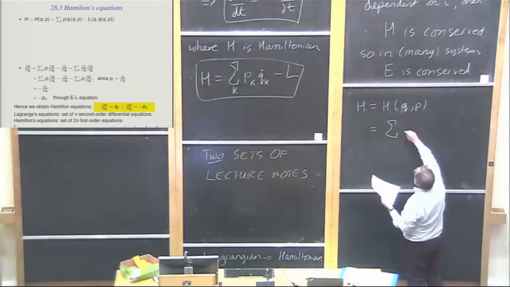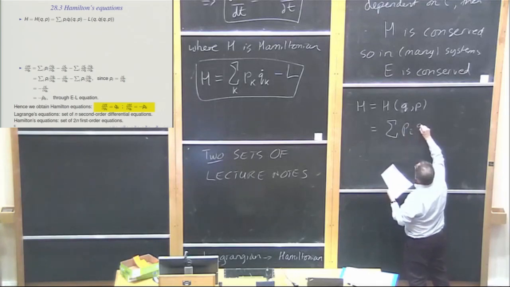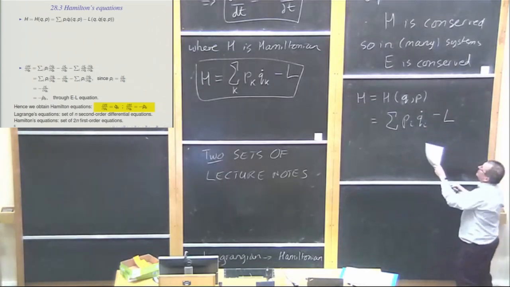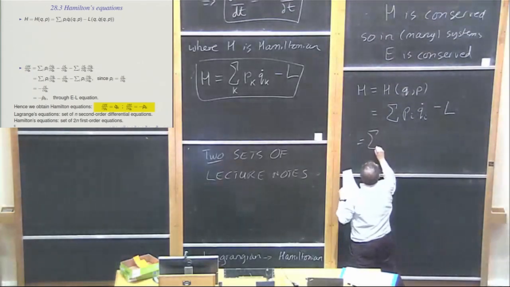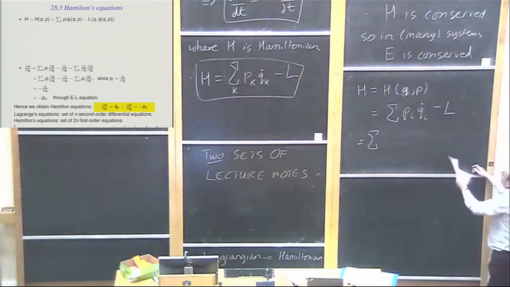So again, the Hamiltonian is the sum of p_i q_i dot minus L. That's just as we had it previously. But now let me rewrite this, indicating what each coordinate is a function of.